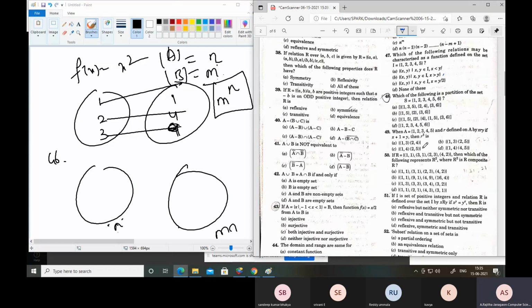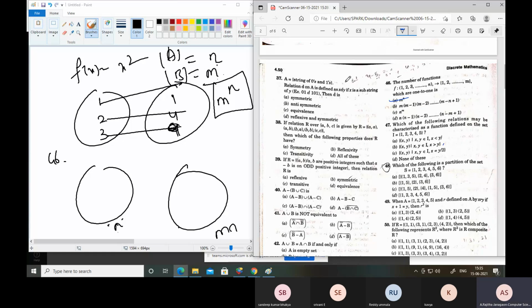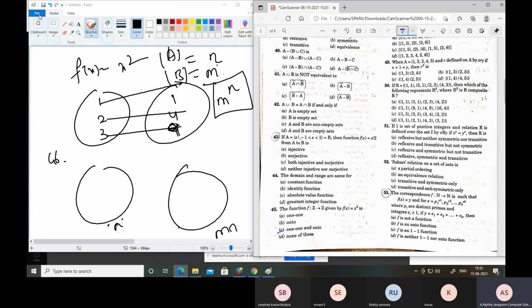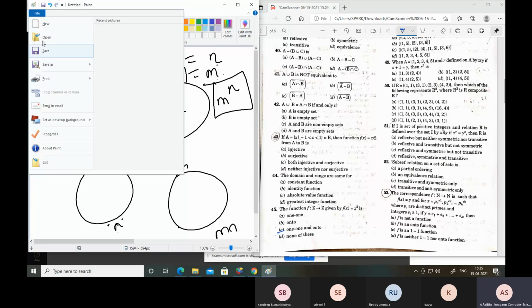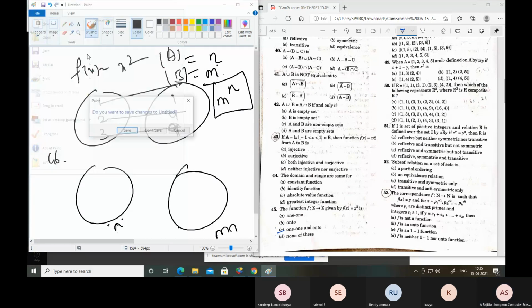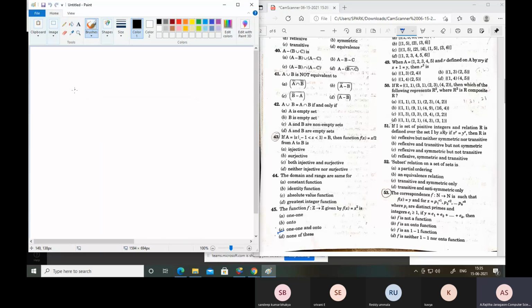Then next, suppose when A equal to 1, 2, 3, 4, 5 and R depends on A, x relates to y if x plus 1 equal to y, then what is R3? Question 49.